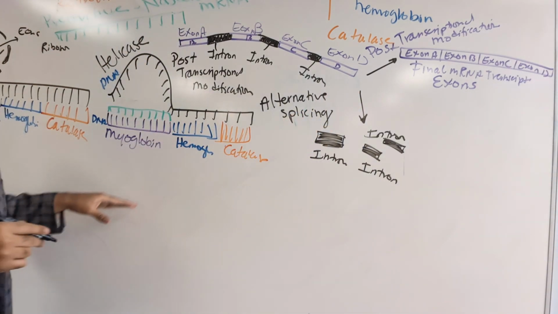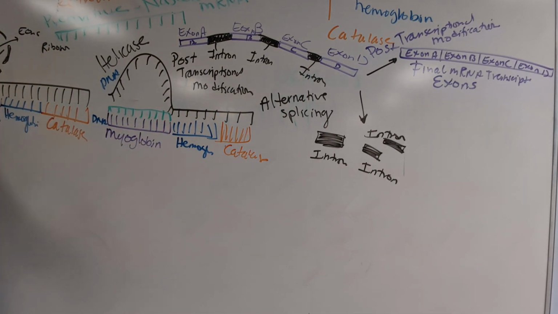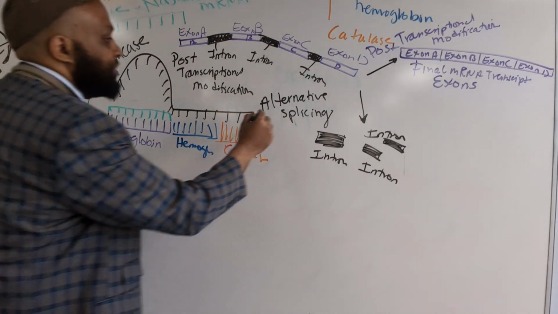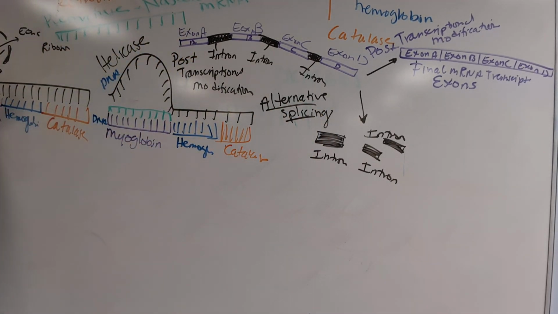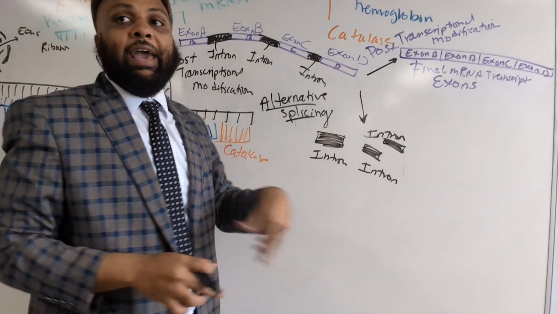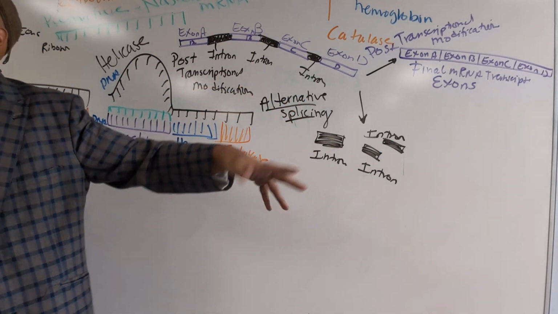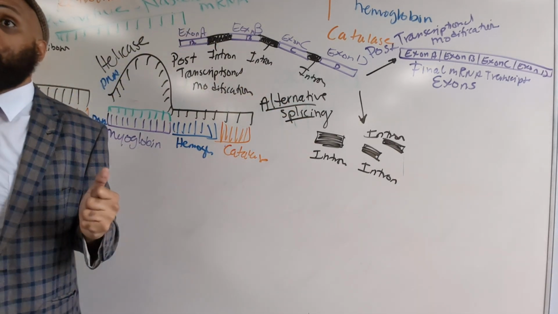So alternative splicing is when we recycle all the cut up introns. We add all the chopped up introns together in order to give me a new form of mRNA that can get translated to give me some form of useful protein.